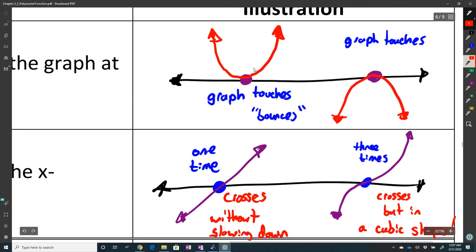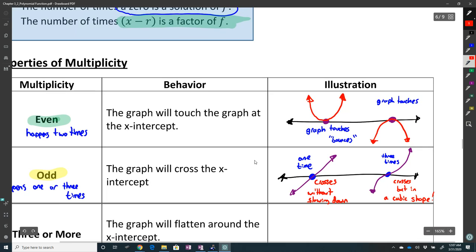Does the graph bounce? Or does the graph cross once, where it's a straight line? Or does it cross but have a cubic shape as it crosses? So 1, 2, 3. And of course, the 1 and 3 can be flipped. I just didn't have room to write the flipped versions. Okay.